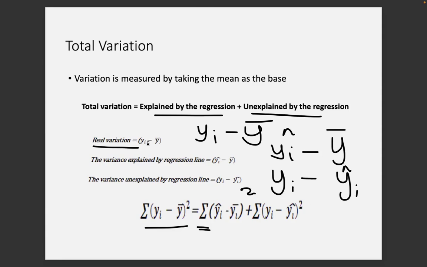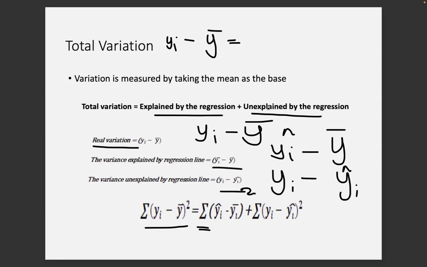This one is the addition of these two. You can see once you add these two, you again receive the same one. yi minus y bar is the total real variance.